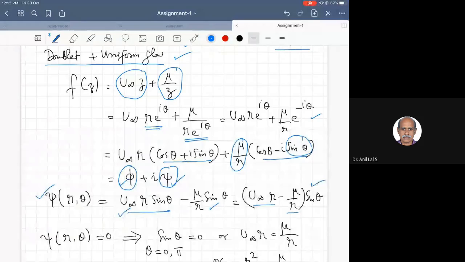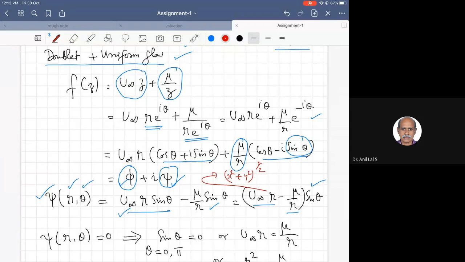So psi is a function of r and theta. If you want to write psi as a function of x and y, you can also do that. You only change r to x squared plus y squared, the whole raised to half.